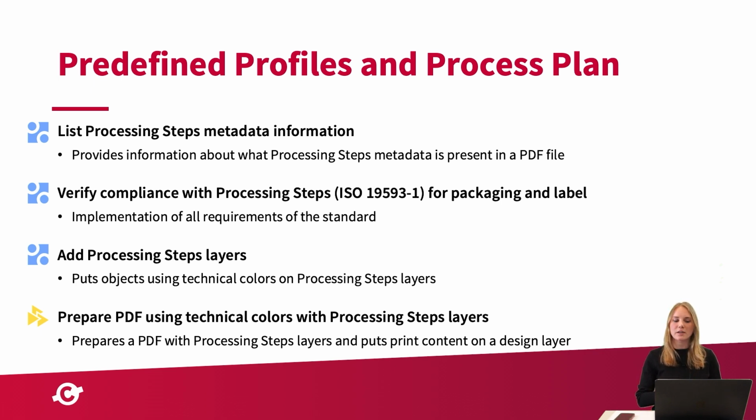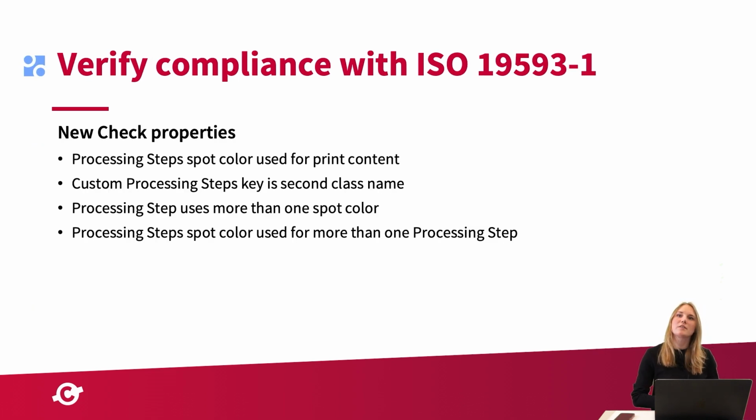But I will also come back to this process plan in a minute and give you a little bit more details on that. But for a moment, I will come back to the first two profiles, because in pdfToolbox we also added 4 new check properties to check certain requirements of the ISO standard. As you can see, they are quite specific, so you can check, for example, the syntax for custom processing steps keys or some color-related conditions between processing step layers or objects.